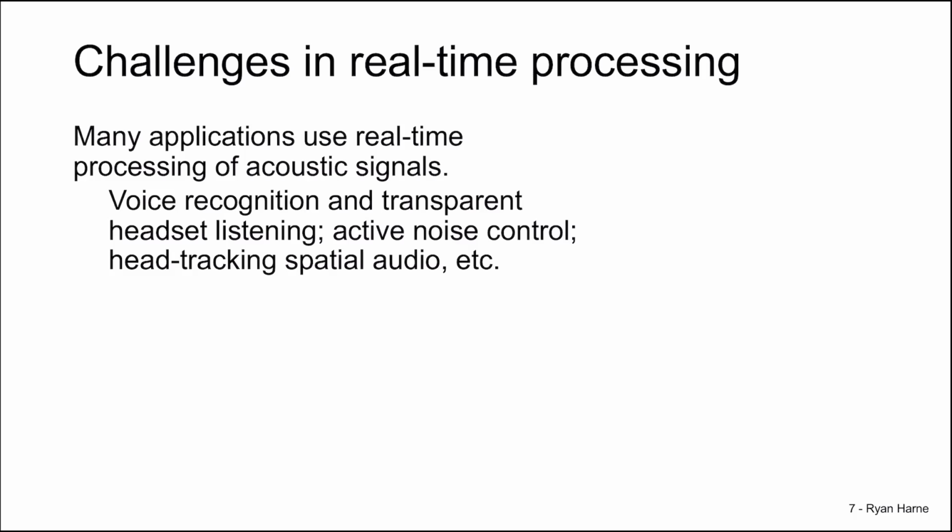Many applications need this real-time processing of acoustic signals: voice recognition, transparent headset listening, active noise control, head tracking spatial audio, and so on. There are multiple cases where these applications combine visual and oral cues.